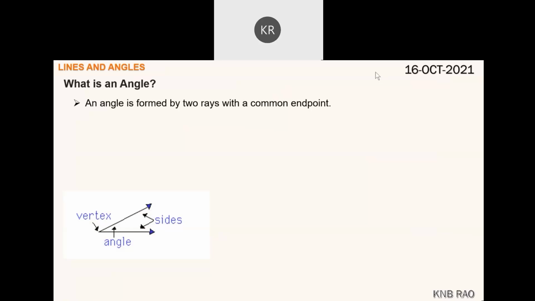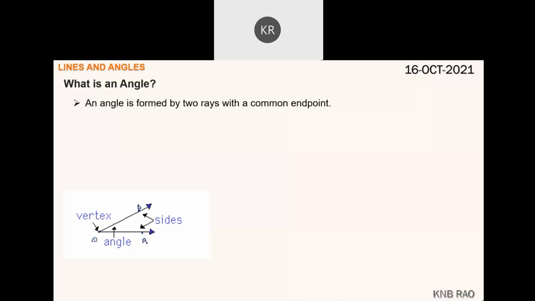Remember, here we have two rays. Which are the rays here? Ray OA and ray OB, and their common endpoint is O.